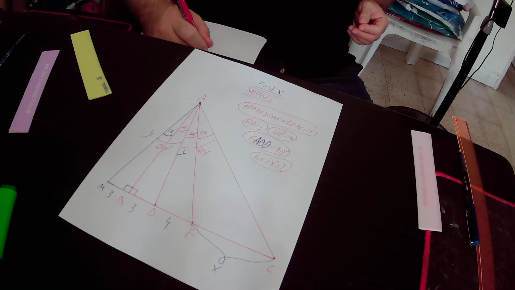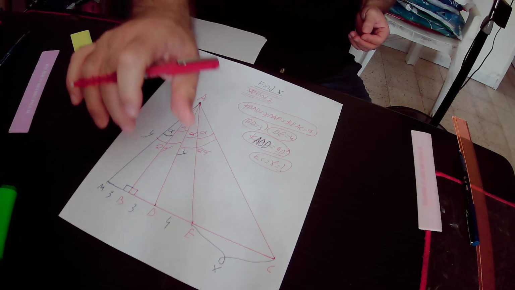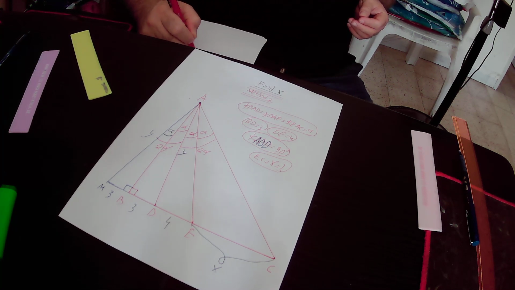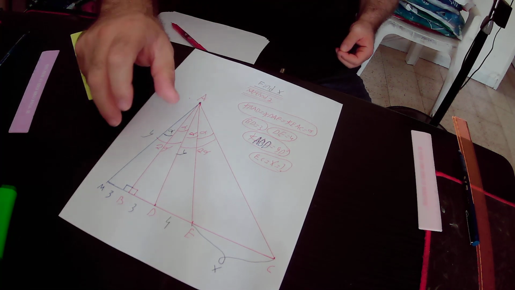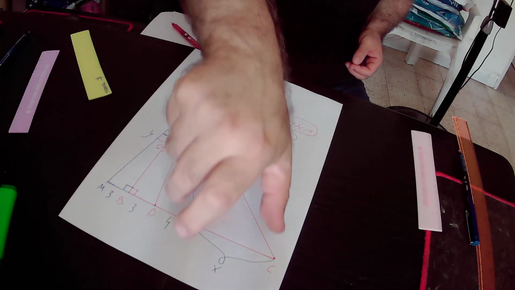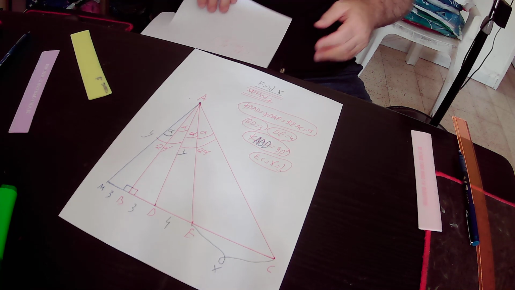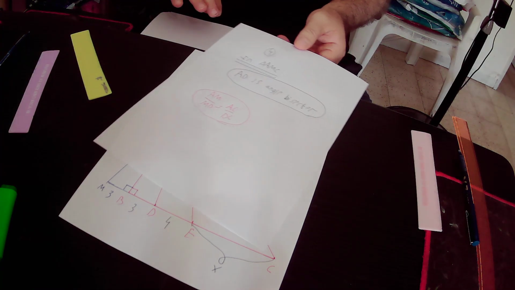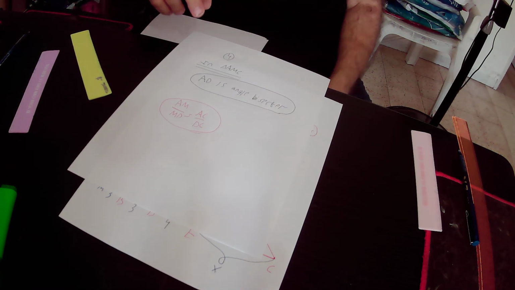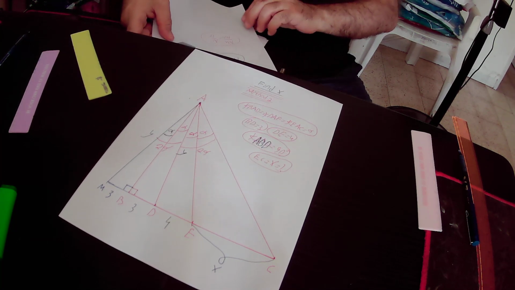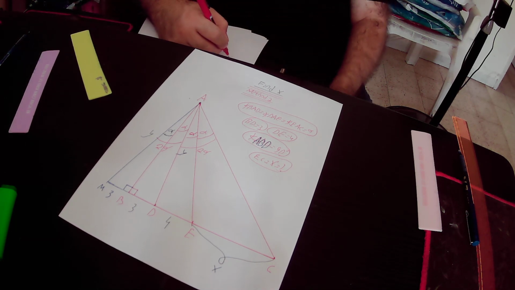That is to say, AM over MD equals AC over DC. That will be our second equation.